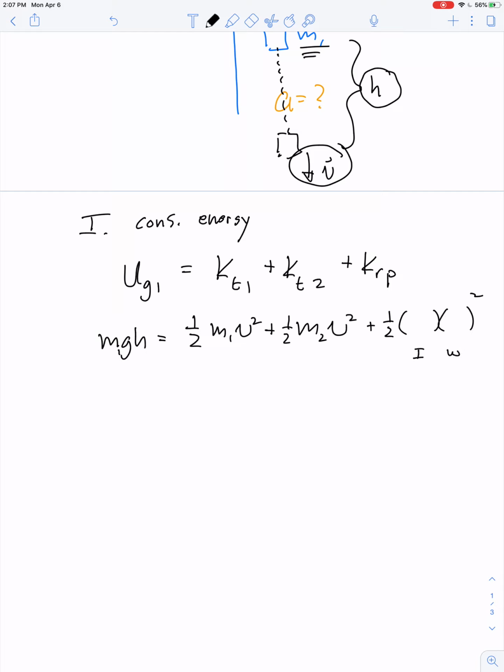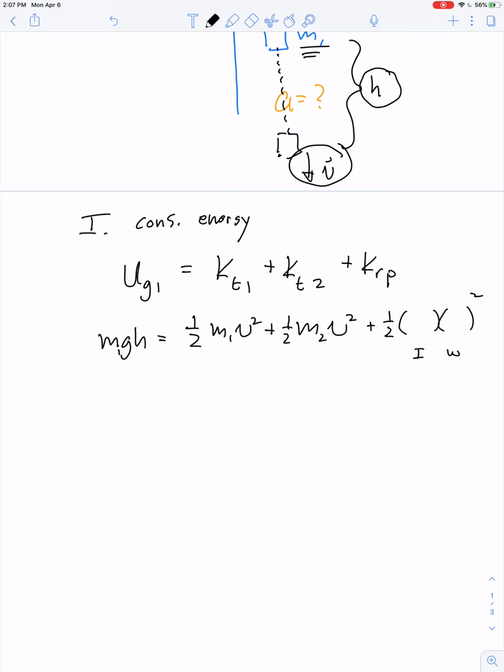We can say M1 times gh is equal to 1/2 M1 plus 1/2 M2 plus 1/4 capital M, all multiplied by v squared. And from kinematics, if this block started with an initial speed of 0 and travels a distance h, then there's a kinematics equation that says its final speed squared is its initial speed squared plus 2 times its acceleration times its displacement, and the initial speed was 0, so v squared can be substituted with 2ah.